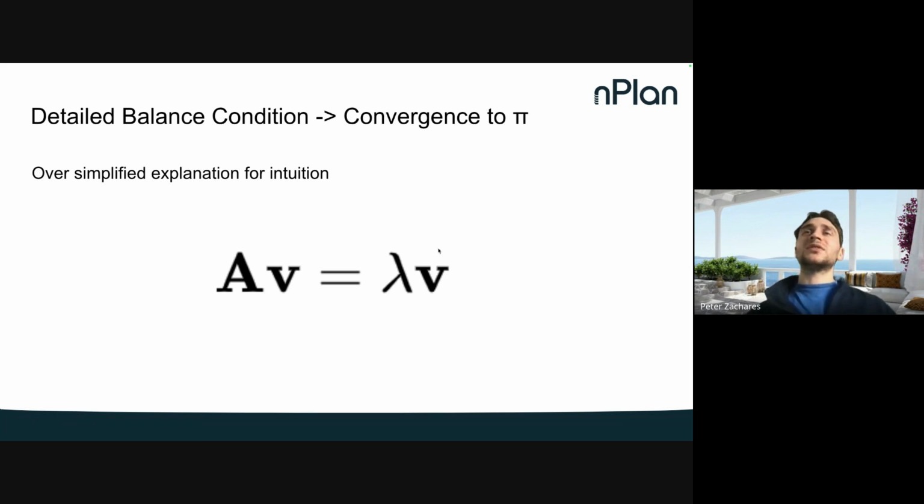So here's the third equation or fifth equation you learn when you take a linear algebra class, which is related to eigenvectors and eigenvalues. You have some matrix times a vector is equal to a scalar factor times that vector. So lambda is the eigenvalue, and v is the eigenvector.